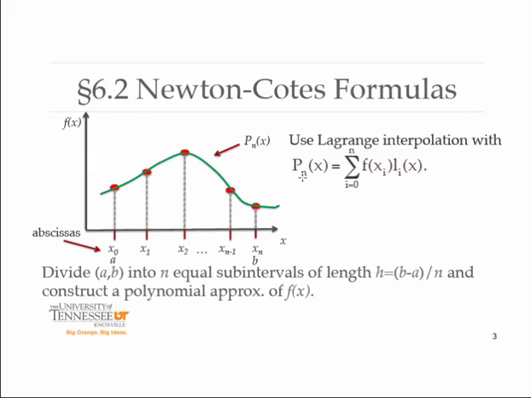And again, we're constructing a polynomial approximation of f, and we're going to use this polynomial to help us produce representations of the integral of the function. Keep in mind from your original definition of integration, when you had your Calculus 141 courses, the area under the curve there represents the integral. And so we're going to be approximating that area, and we'll do it in these subintervals as we move from a to b.